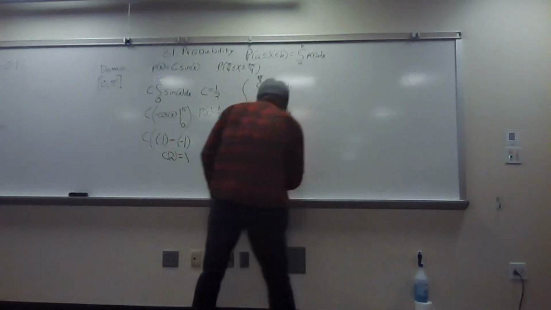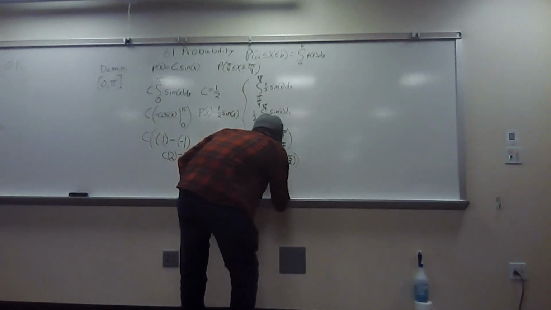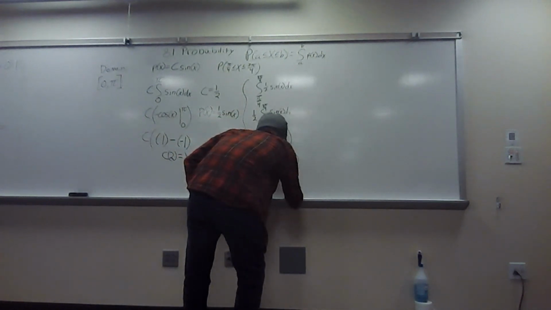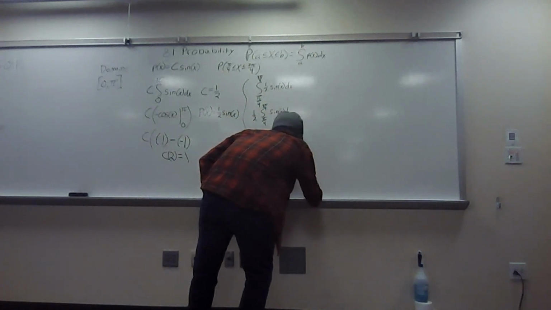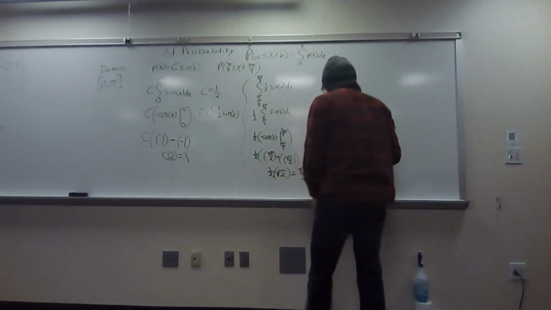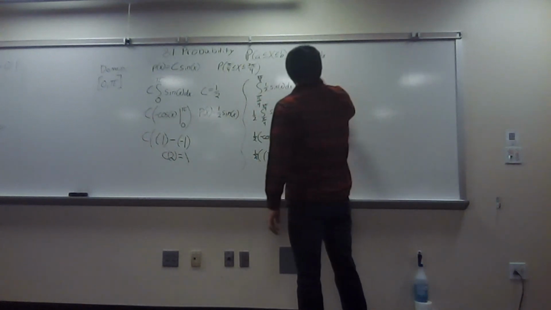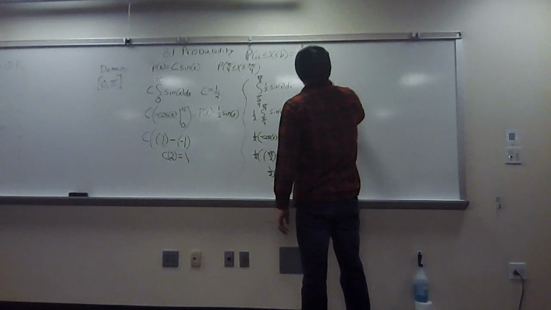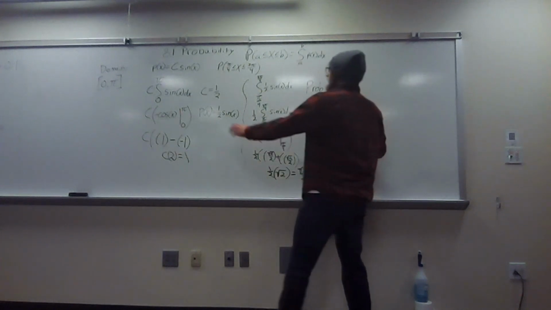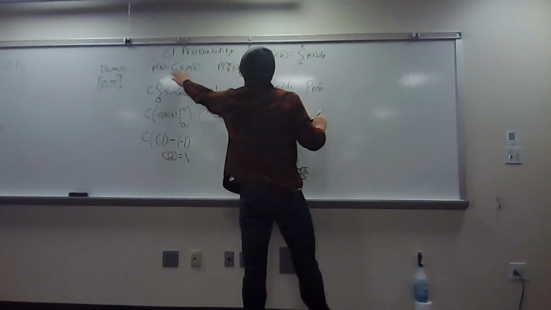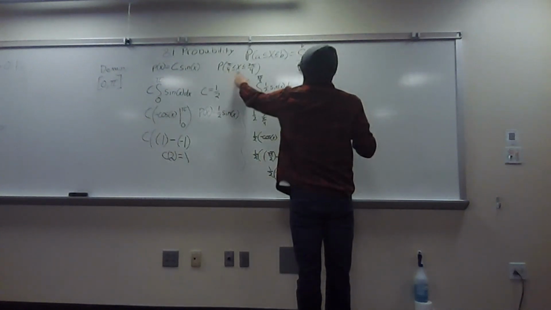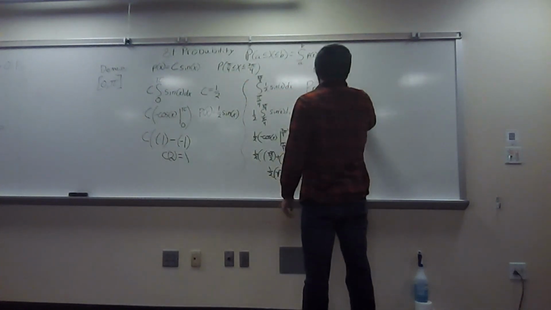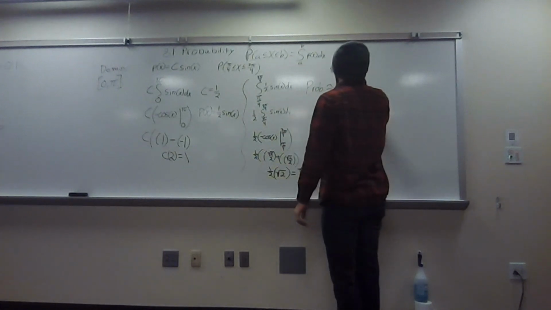So we get 1/2 times square root of 2, which is our final answer, square root of 2 over 2. So that means the probability of our random variable being between pi over 4 and 3 pi over 4 is somewhere in the range of 71%.